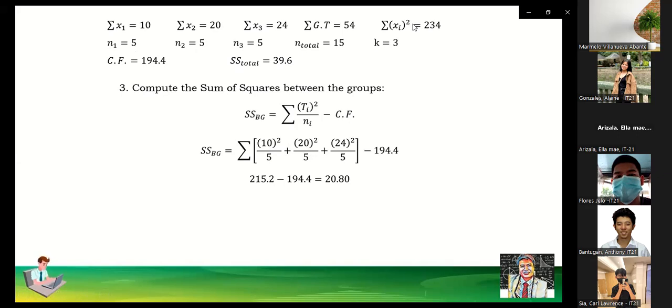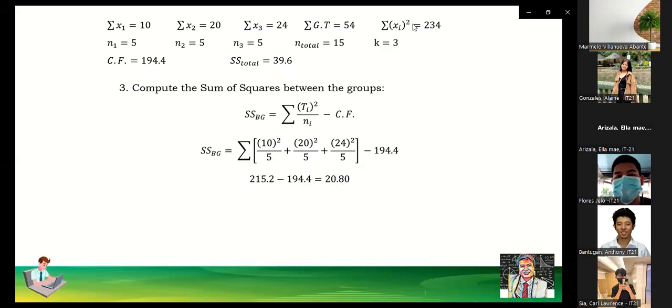So, 10 squared, that is 100 over 5, that is 20, and so on, which gives us a total of 215.2. Pwede nyo i-pause yung video, double check nyo kung sakaling nagdududa kayo. Okay? So, minus 194.4 is equal to 20.80. So, that is our SSBG.